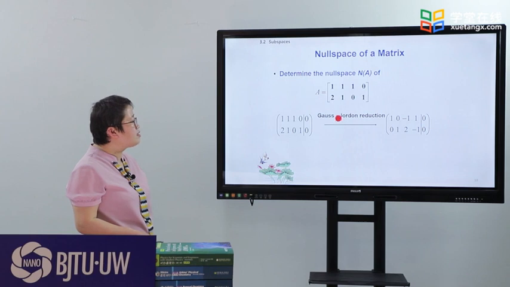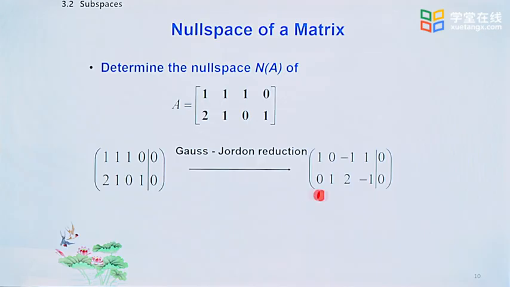We use Gauss-Jordan reduction to get its reduced row echelon form. From the first row, this refers to x1 minus x3 plus x4 equals 0. The second row refers to x2 plus 2x3 minus x4 equals 0.